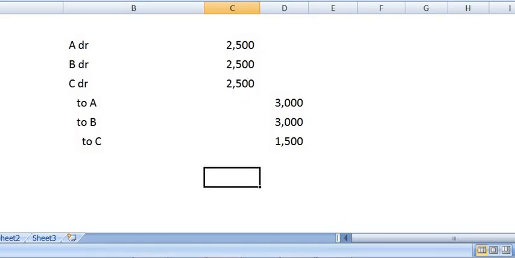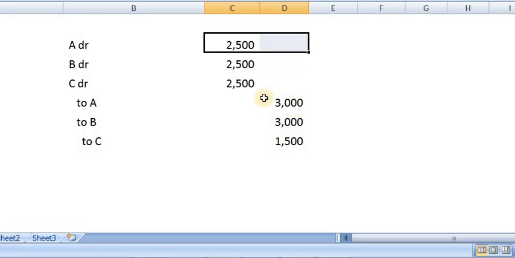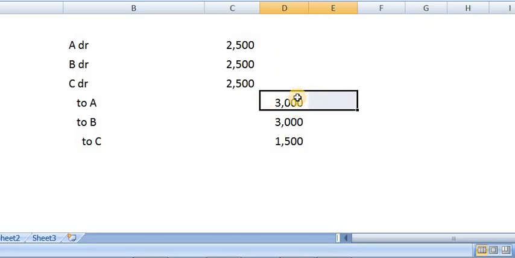That's why I'm going a little slow. This is actually a rectification journal entry. Now, debit 2,500, credit 3,000. That means just credit 500.